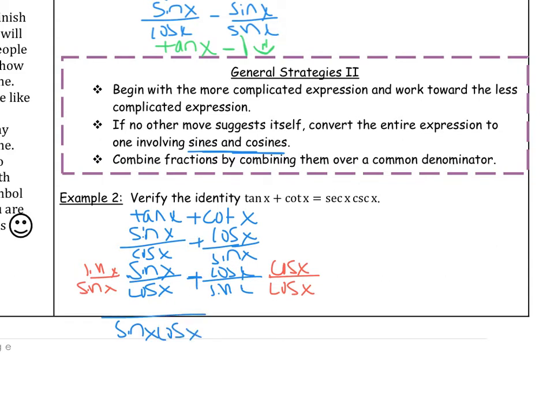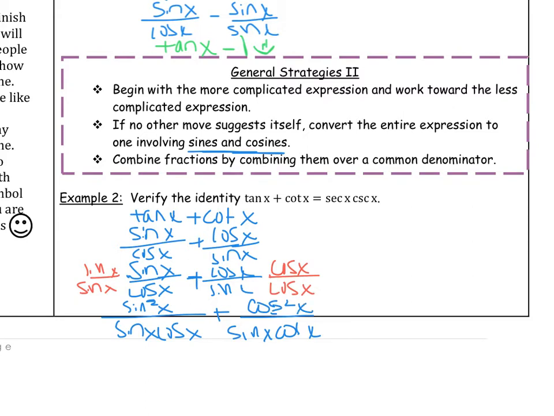And my first fraction then is going to be sine x times sine x, or sine squared x. The second fraction is going to have the same denominator, and the numerator then would be cosine x times cosine x, so cosine squared x.